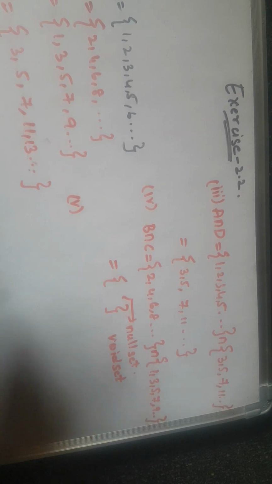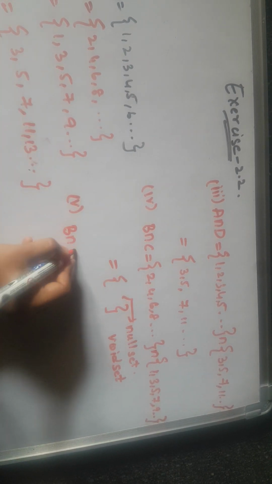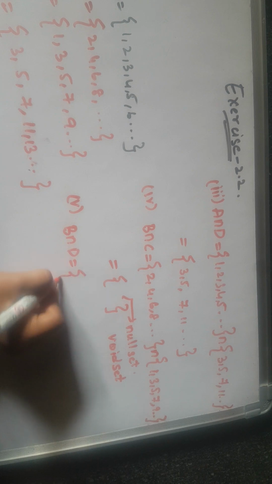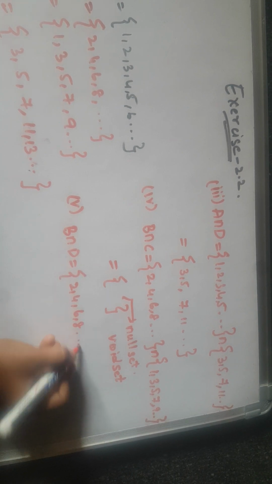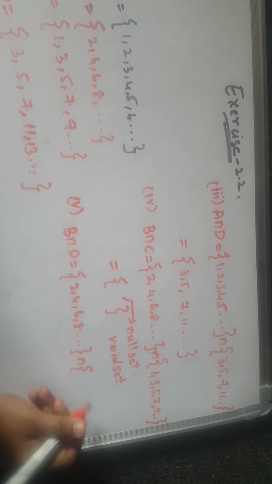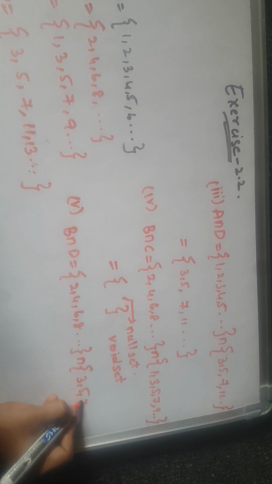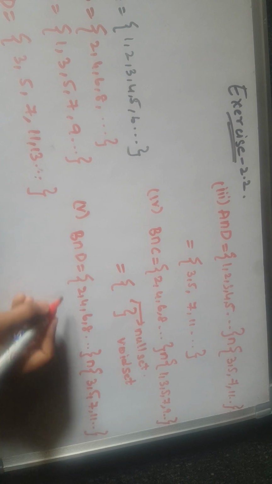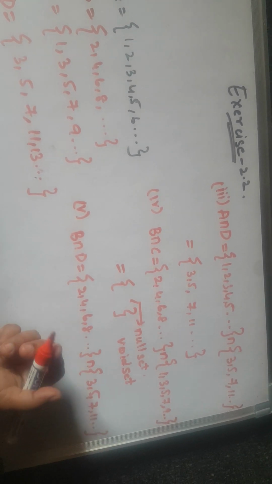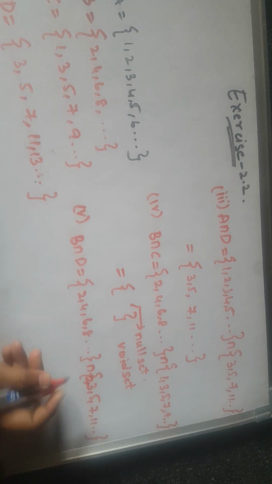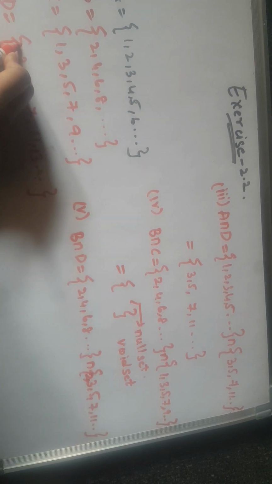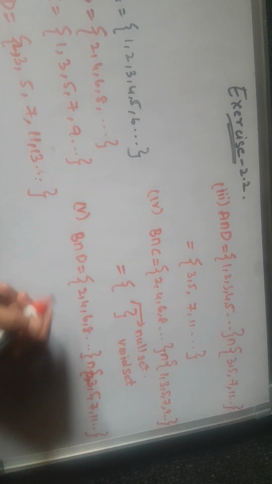Now find B intersection D. What is the value? B is 2, 4, 6, 8, intersection D, 3, 5, 7, 11. These are all the prime numbers. Sorry, 2 is also a prime number, I didn't take 2.